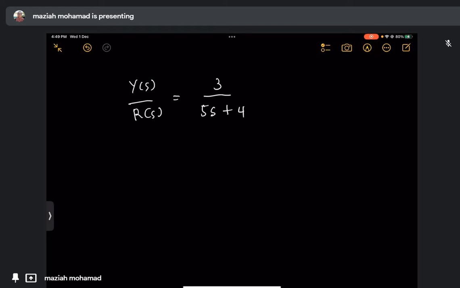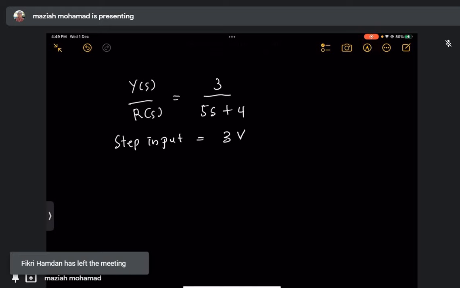Then the step input equals 3 volt. What is the time taken for the output to reach 98% of its steady state response?